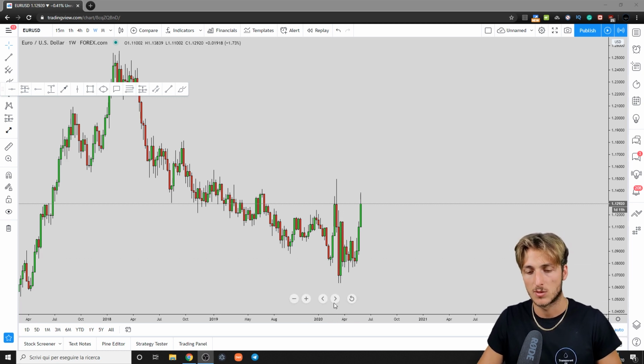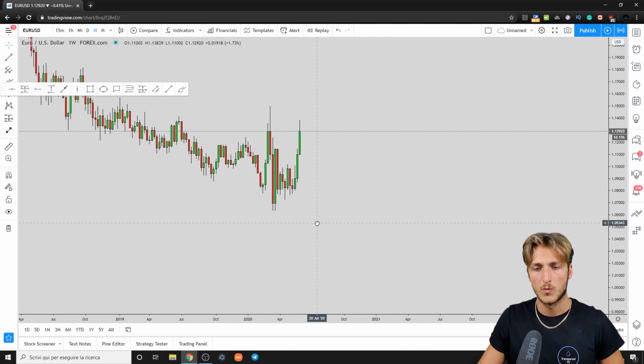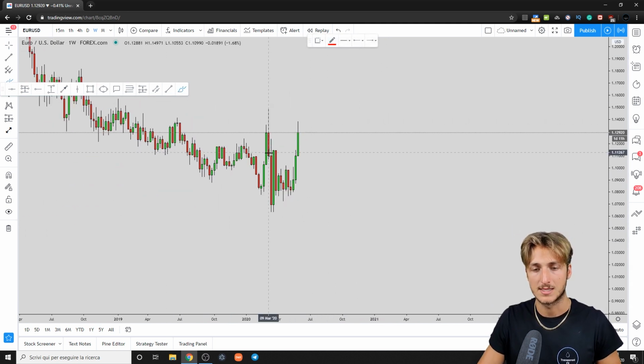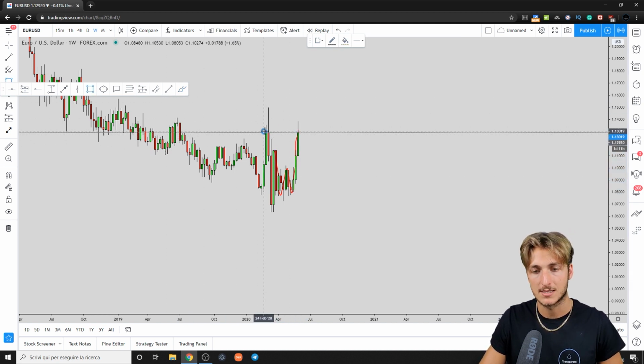So let's start here by what we have from a weekly perspective on the pair. So from the weekly time frame, what we can see is that currently the market, after creating this overextended W formation, is retesting this very important supply area.